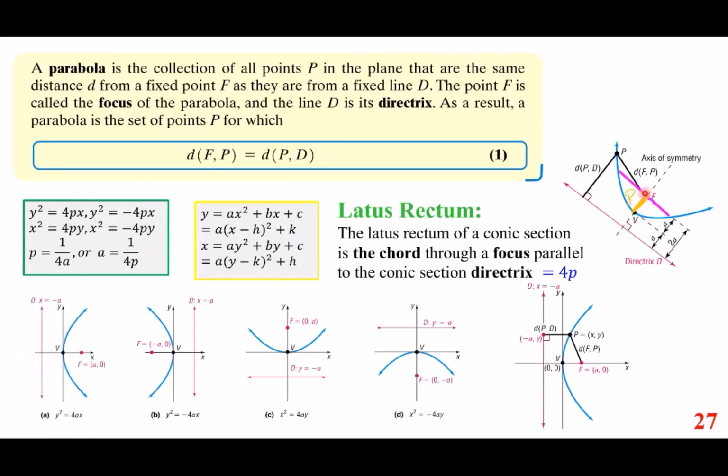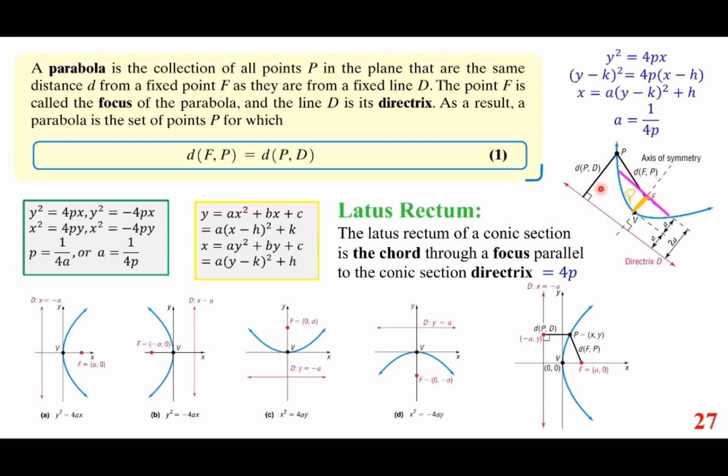So with this one, there are two of them, and the distance from here to here is also 2P. So this point, if you connect it to F or directrix, they must be the same. Therefore, this distance is the same as 2P. Since we have two of them, this is 2P, this is 2P, they add up to 4P.